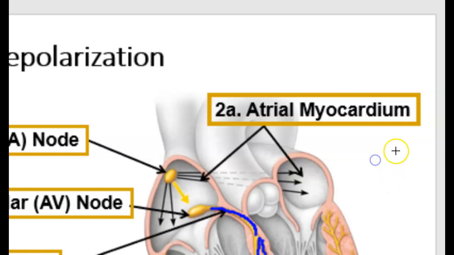So the Purkinje fibers in both the right and the left ventricles will carry this excitation, and that will trigger depolarization finally of the ventricular myocardium. Now, the ventricular myocardium we don't really consider part of the intrinsic conduction system, but ultimately that's where we want the depolarization to go.